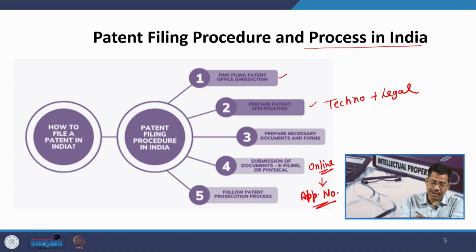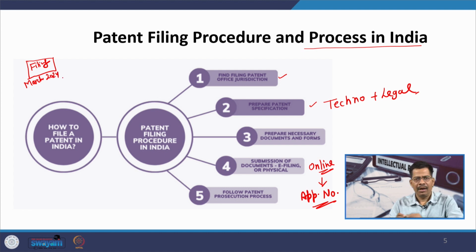We may talk in detail in subsequent sessions, but here, let us say you are filing in the month of March 2024, and then there will be an examination of your application and other reviews, and you will respond to that review. You get the grant of your patent in March 2026. It is taking about 2 years from filing to grant.